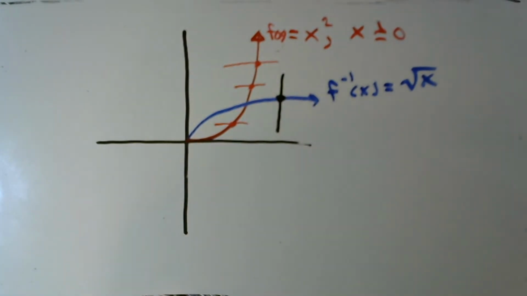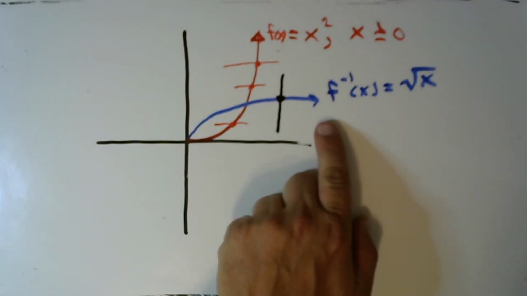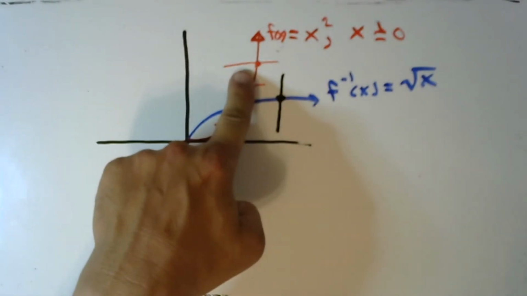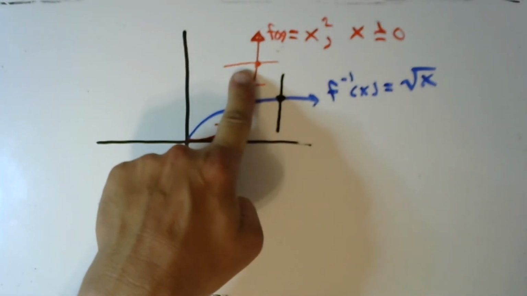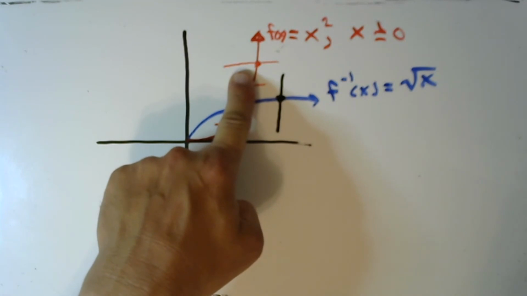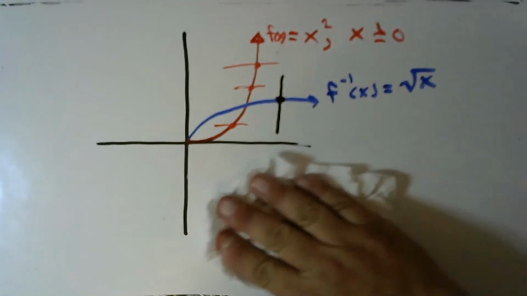So here's the thing. Here's sort of the pattern. If the inverse is in fact a function, then the original function, f of x, will pass what is called the horizontal line test. That means a horizontal line will only pass through f of x one time.